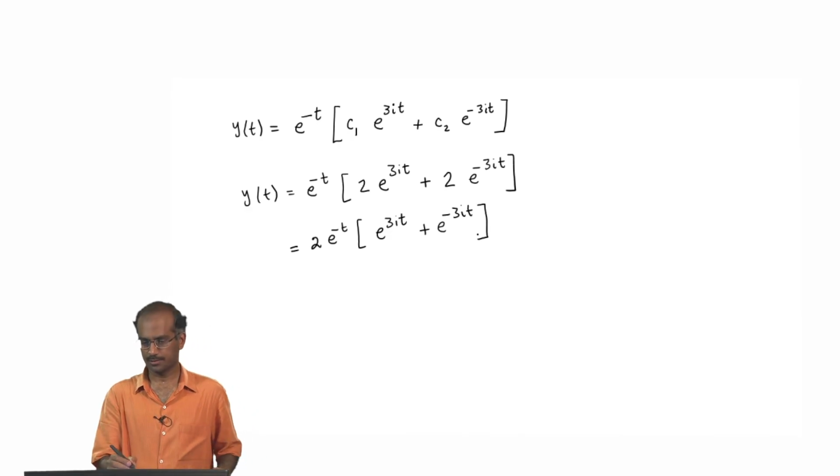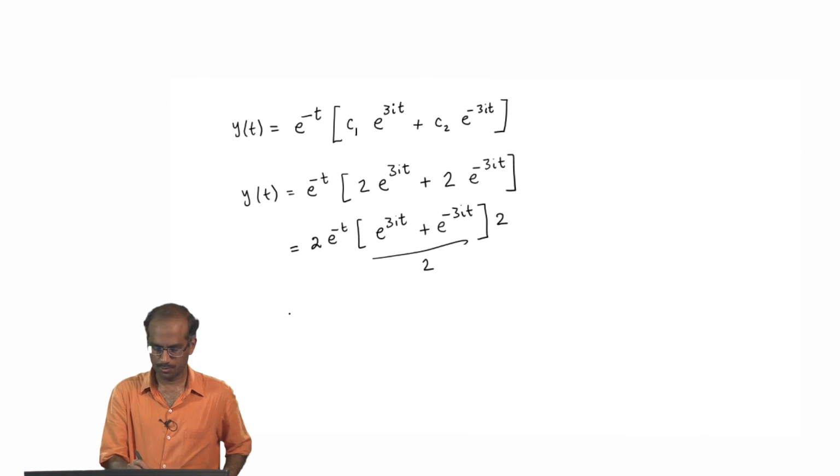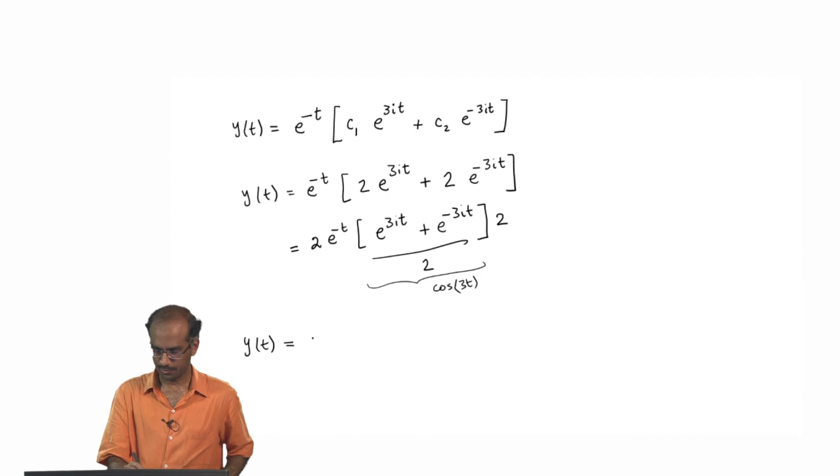and this suggests that multiply and divide by 2, then the quantity here is a cosine function. Hence, we can write a very compact result like this. Y of t would be equal to 4 into e power minus t multiplied by cos 3 t.